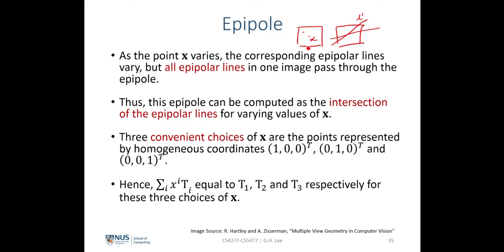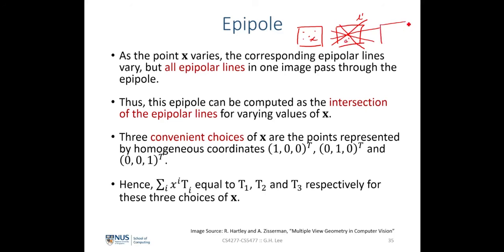We know from our earlier lectures on fundamental matrices, epipolar lines as well as epipoles, that these different points in the first view give rise to different epipolar lines in the second view. But all these different epipolar lines must intersect at a common point, and this common point is what we call the epipole. We are going to denote this epipole in the second view as E prime.